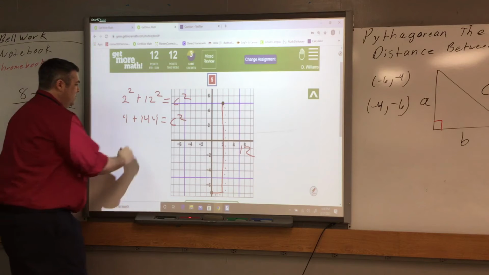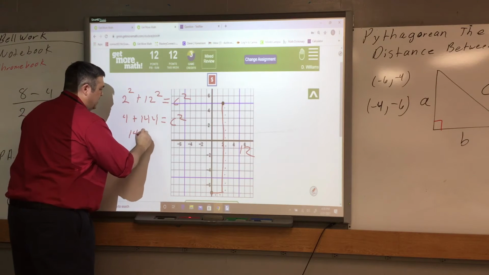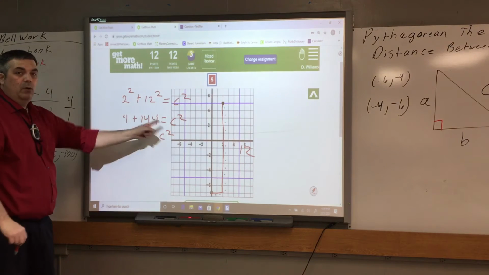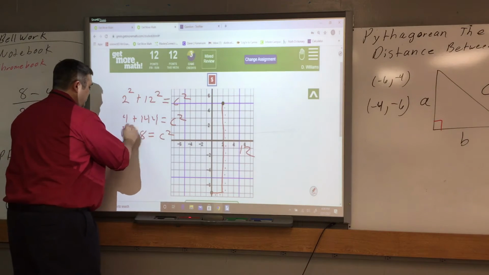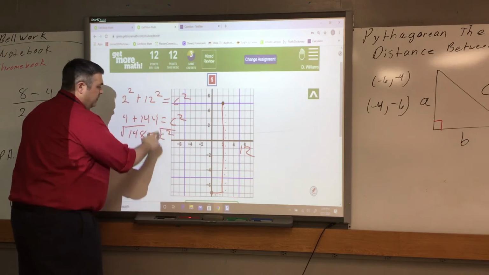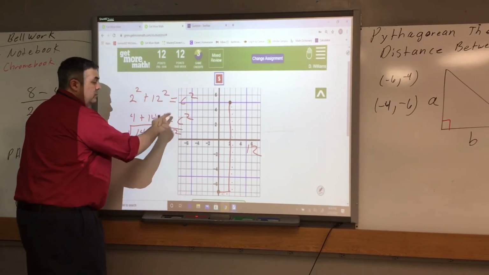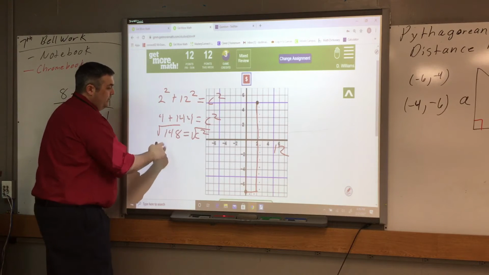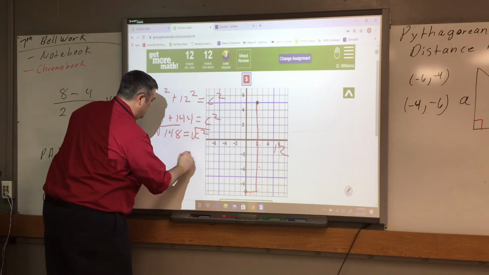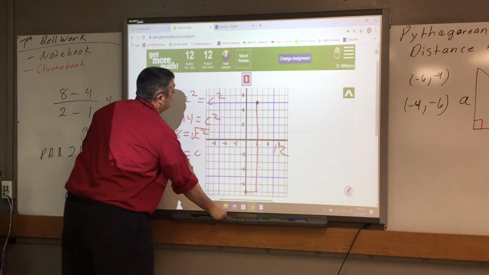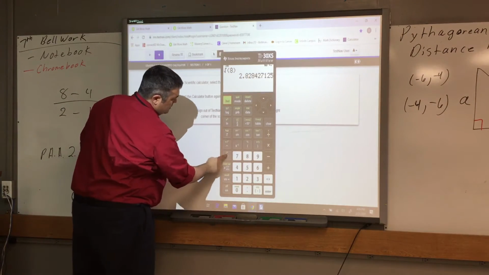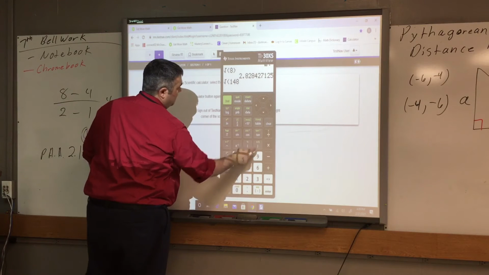Add those two together, 148 equals c squared. Take the square root of both sides. Remember, taking the square root undoes the squaring of something. So c equals the square root of 148.